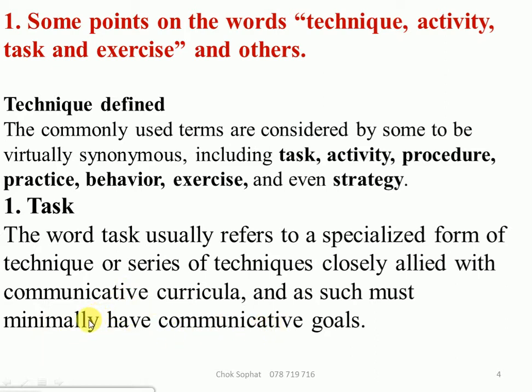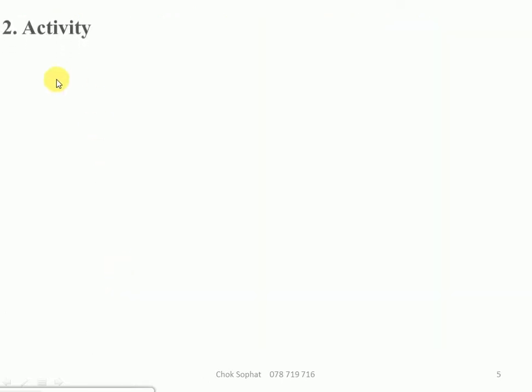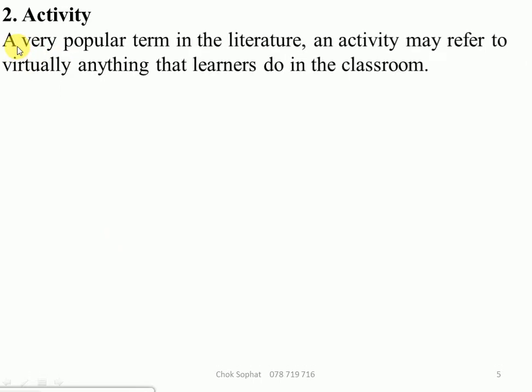So task is a specialized form of technique or series of techniques that we set for our students. Activity. Activity is a very popular term in the literature.